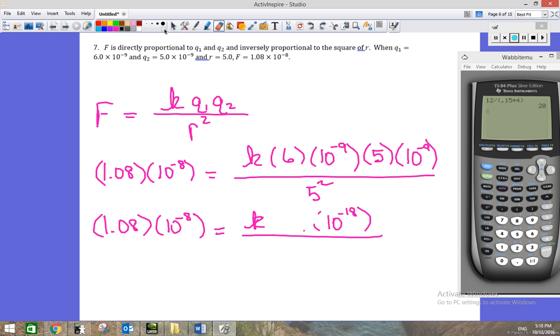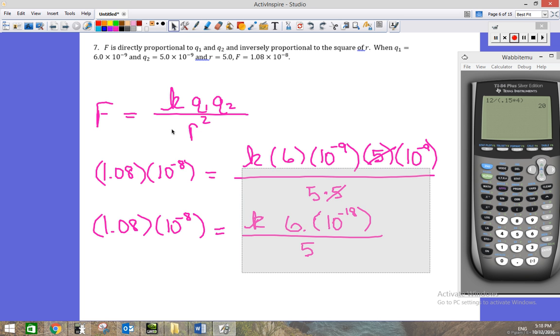I can write 5 squared as 5 times 5. And you see that I have a factor of 5 and a factor of 5 that divides to 1. So I just have 6 times 10 to the negative 18th in the numerator divided by 5.